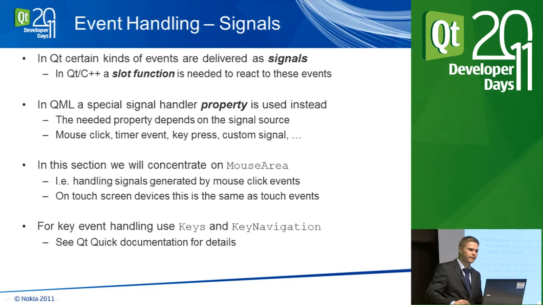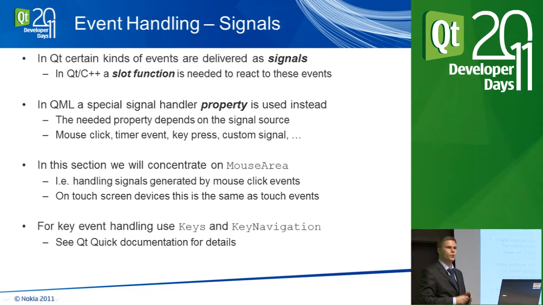Basically, there's these signals that we are using in Qt applications. They are also available for QML. We will discuss a bit later how to implement those and how to communicate between C++ and QML. But for now, let's just focus on what we can do with them.